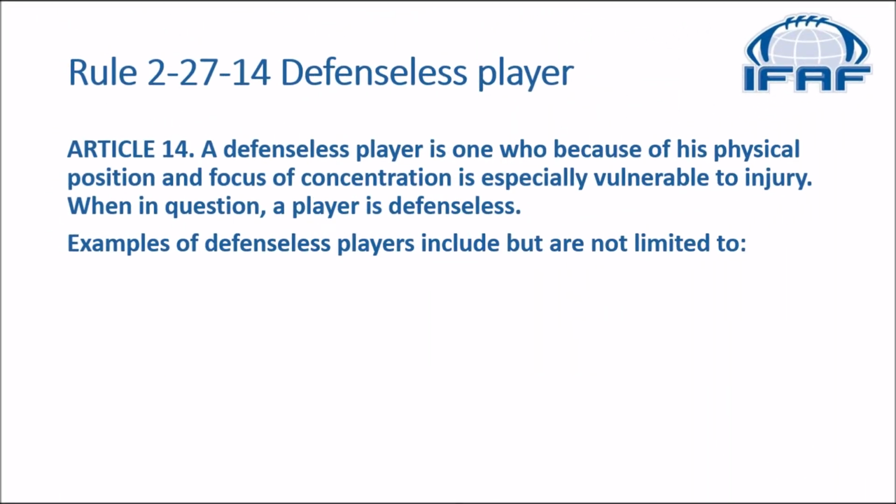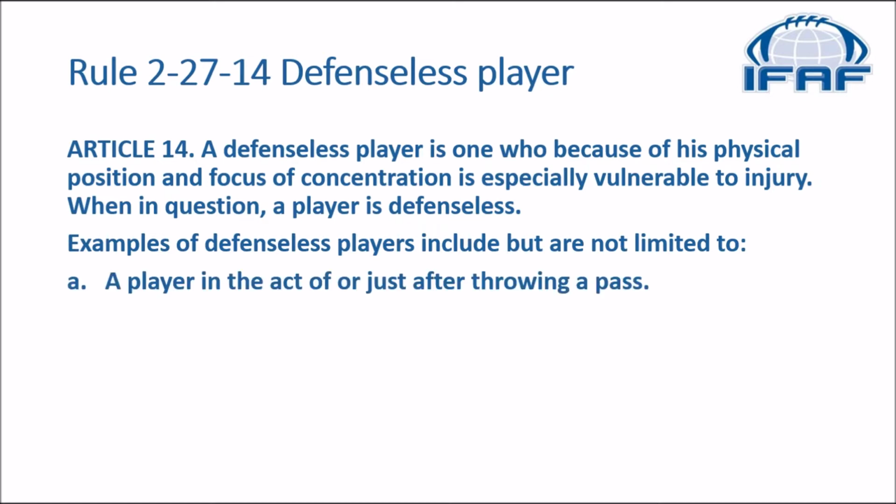In the rulebook, we go to definitions in 2:27:14. A defenseless player is one who, because of his physical position and focus of concentration, is especially vulnerable to injury. When in question, a player is defenseless. Examples of defenseless players include, but are not limited to: A, a player in the act of or just after throwing a pass.